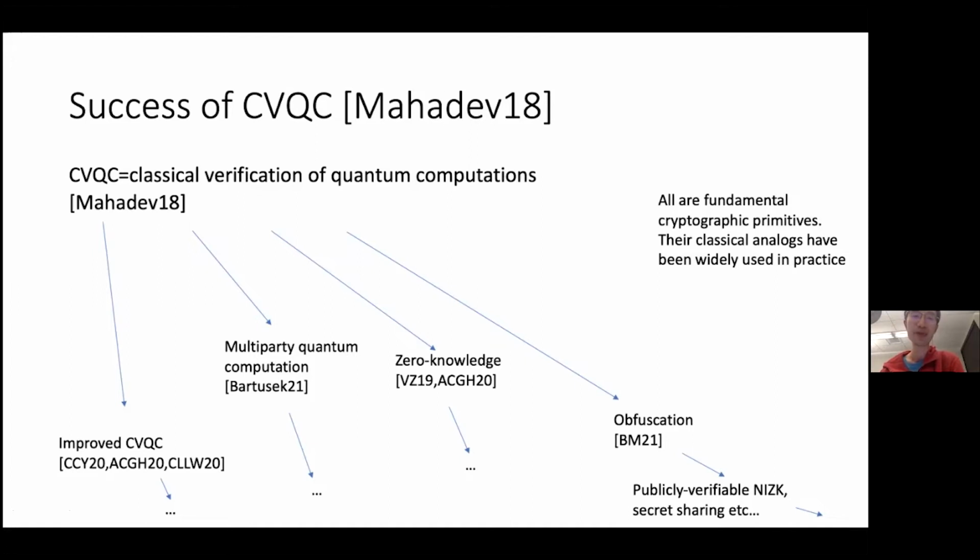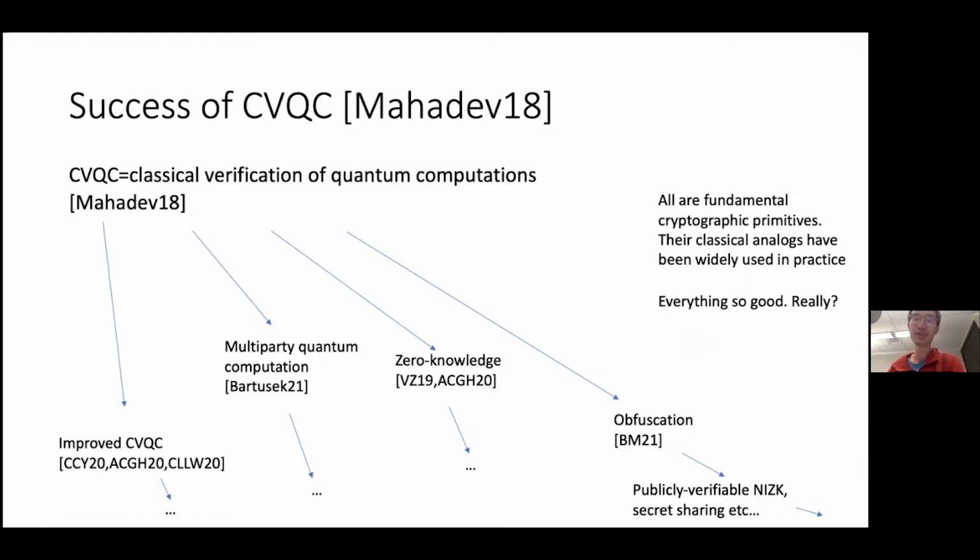These include multiparty quantum computation, zero knowledge, obfuscation, and so on, which could potentially lead to many future works. And all of them are very fundamental cryptographic primitives, and their classical analogs have been widely used in practice. It seems that everything's good, and we can build so many quantum crypto primitives based on Mahadev 18. But really, is this the end of the story?